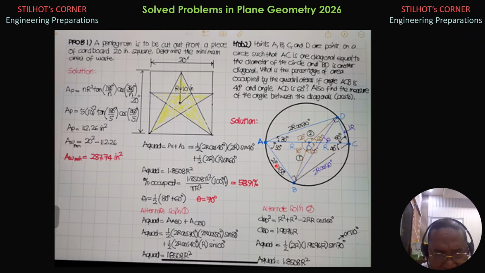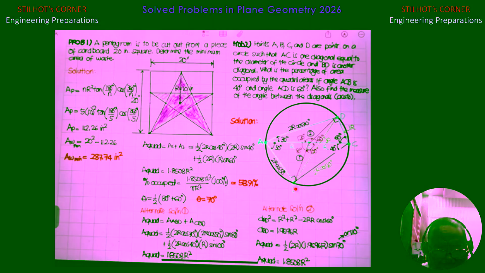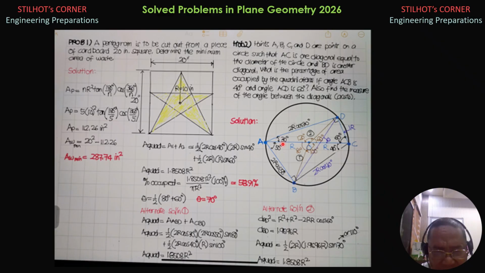So this arc AB occupies 80 degrees, while this is 60 degrees subtending arc AD, so the central angle is times 2, 120 degrees. Therefore, arc CD subtends 60 degrees, 180 minus 120 degrees, so 60 degrees.